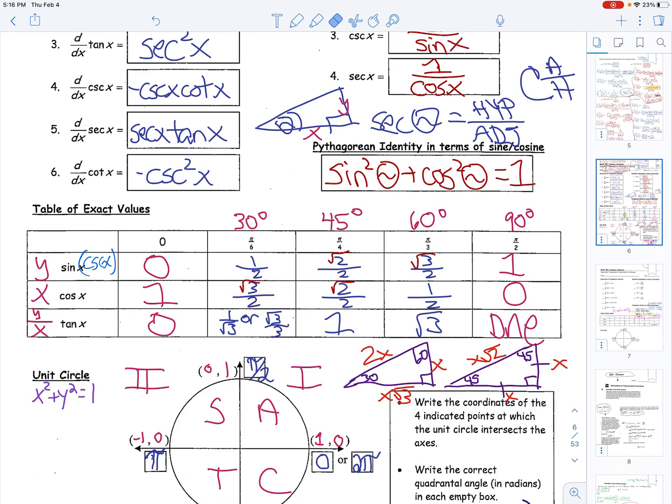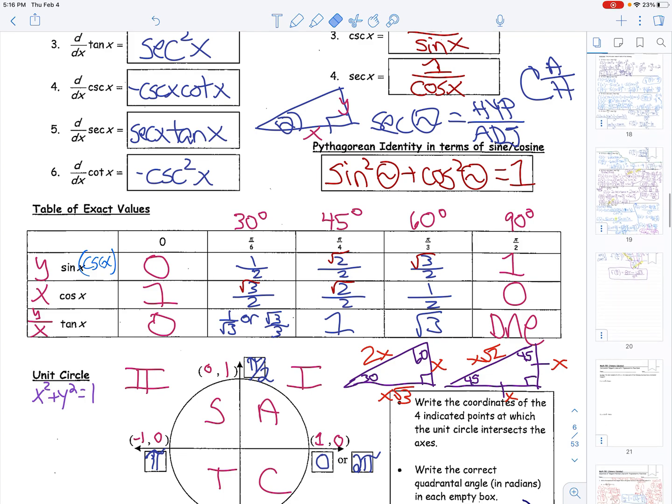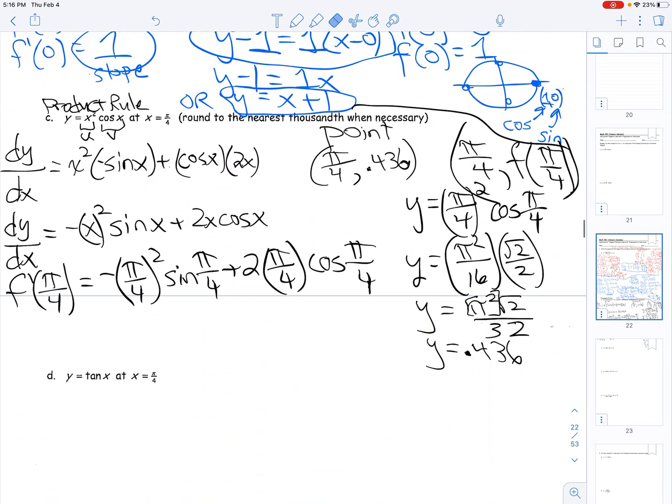Remember, sine and cosine of pi over 4, that's 45 degrees, and if you need to go back to the chart, they're both radical 2 over 2, cosine and sine at pi over 4 radians.